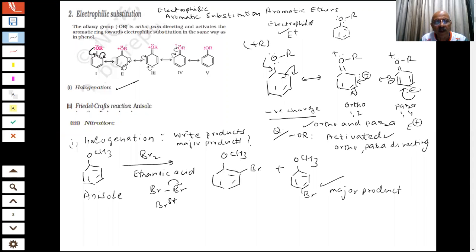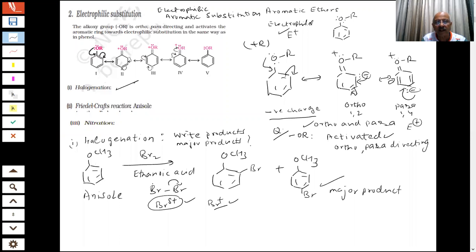Br plus is the Br with a positive charge, student. That is the attacking reagent, which is an electrophile. It is a positive ion and then it attacks. When it approaches the benzene, this is how it happens.